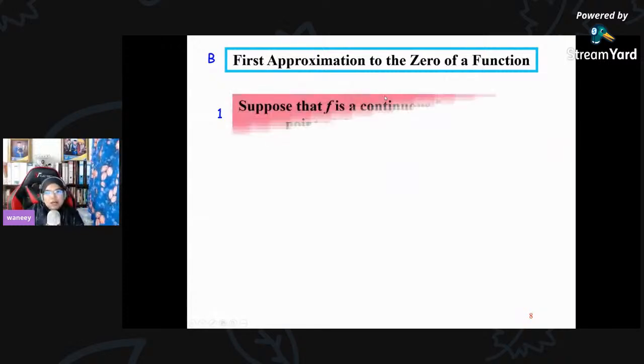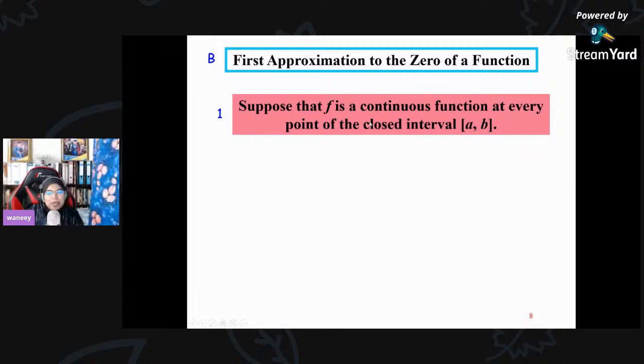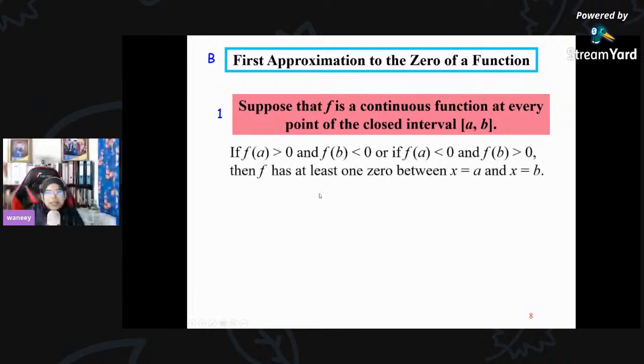Okay, so how do we find the first approximation to the zero of a function? Suppose that f is a continuous function at every point on the closed interval from a up until b. So it is supposed to be a continuous function, so there cannot be a break in the middle. And then let's say f(a) is a positive value and f(b) is less than 0, so f(b) is a negative value.